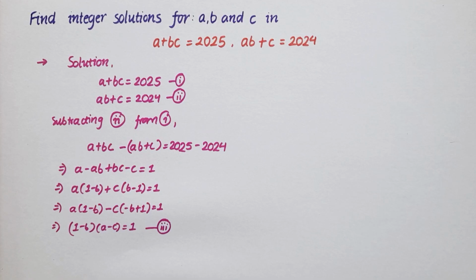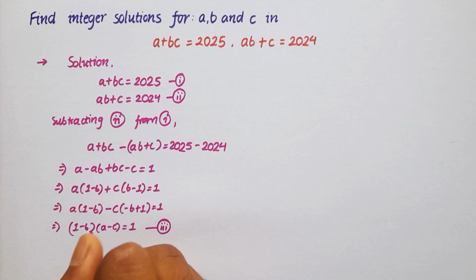Right. When I see this equation, I think, now what? There is no way to find out the value of a, b, and c using only this equation. But there is, because of this right part. The right part here has an answer of 1, which would mean that if I have to get an answer of 1, I need two numbers, which is 1 itself.